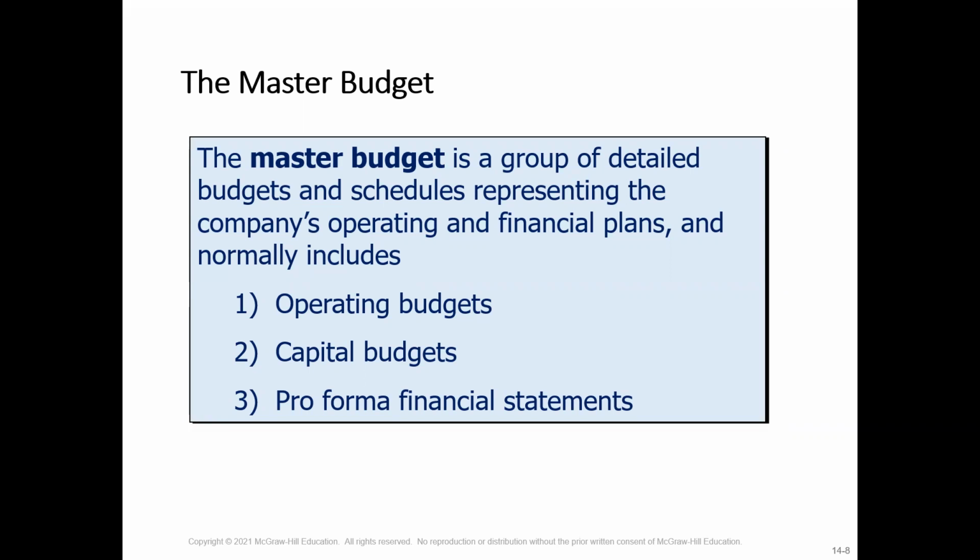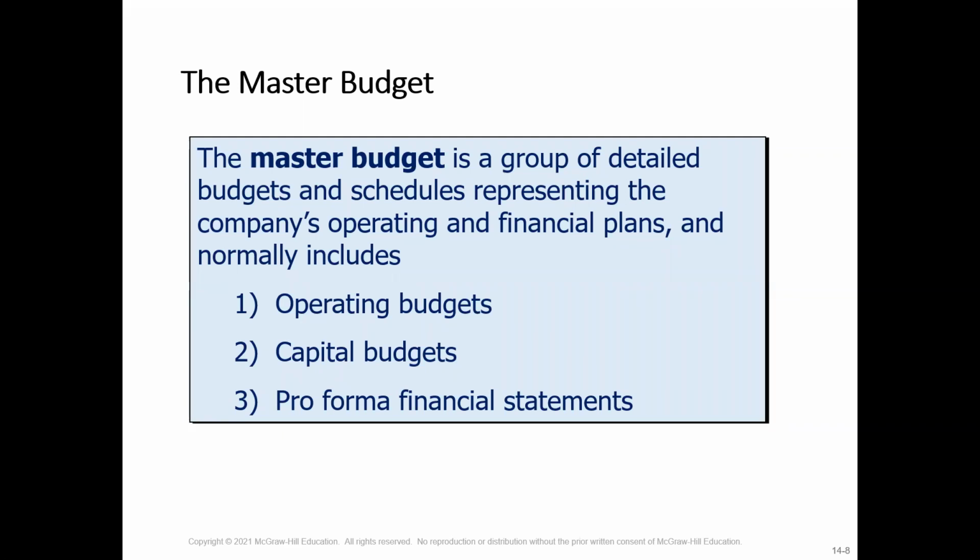So what a master budget normally includes is the entire clump of statements and financial plans. It's going to have the operating budgets, the capital budgets, and what are called pro forma financial statements.